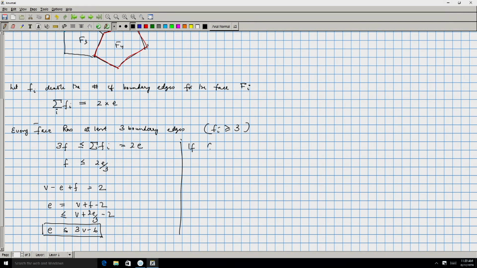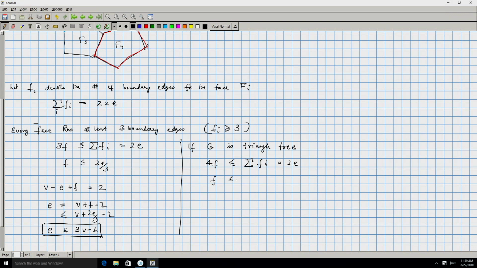So, if the graph is triangle free, then every face must contain at least 4 edges. So, 4f will be less than or equal to the summation of fi over all faces, and this is equal to 2e.